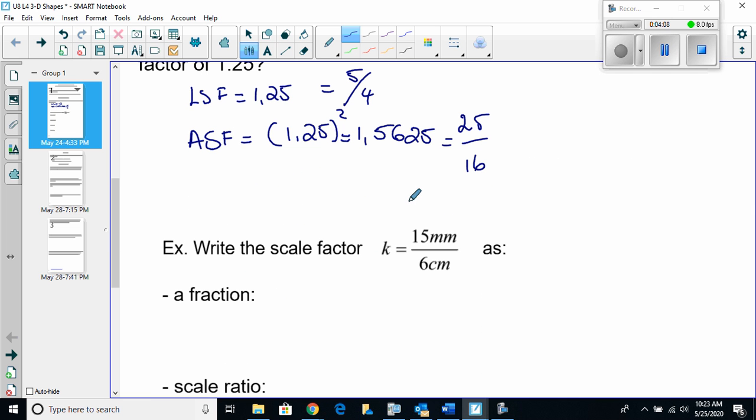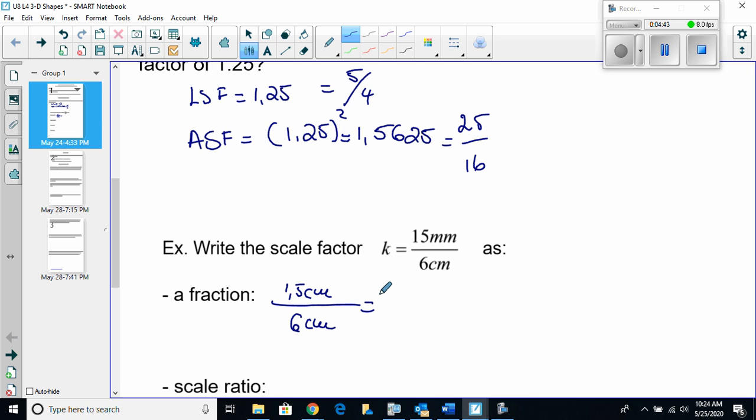Okay, so let's write the scale factor for 15 millimeters over 6 centimeters as a fraction. Now, 15 millimeters is 1.5 centimeters, over 6 centimeters. You can have a scale factor that deals with different units in maps, when 1 centimeter is representing 2,000 kilometers.